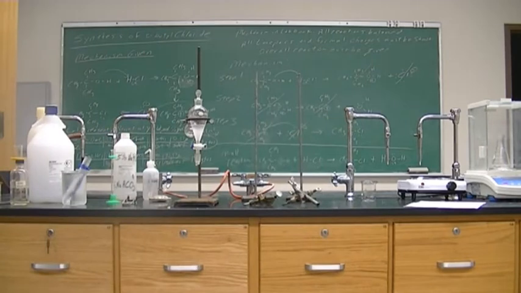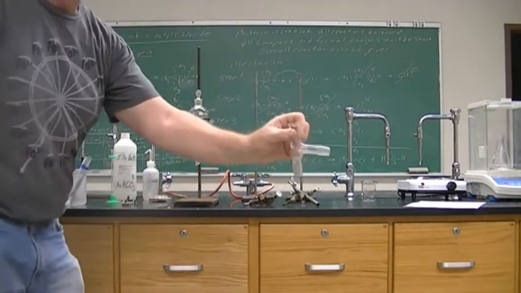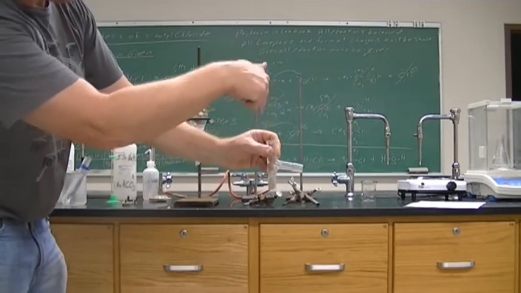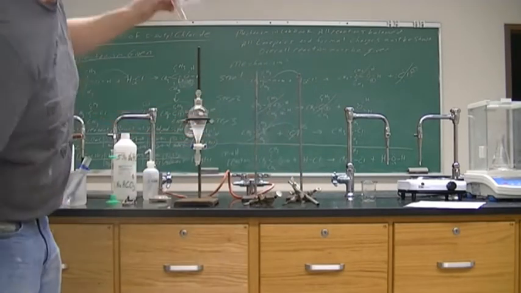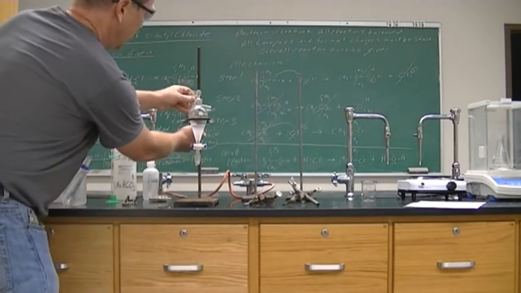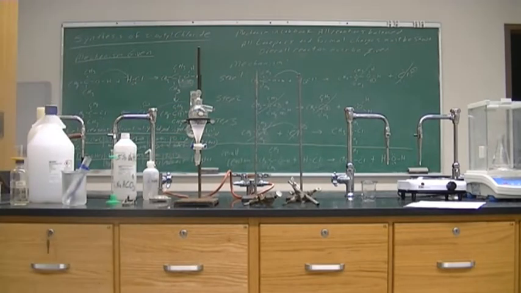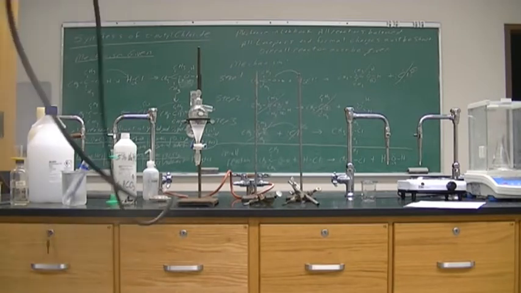All right, so then our adapter, the first adapter that goes in looks like this. The thermometer is going to go in here, and that's going to go to our condenser. Again, there's a picture of this on Moodle. And we need our condenser. All right, condenser already has the hoses on it.